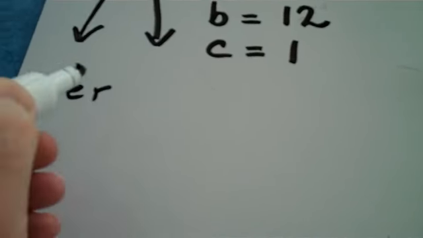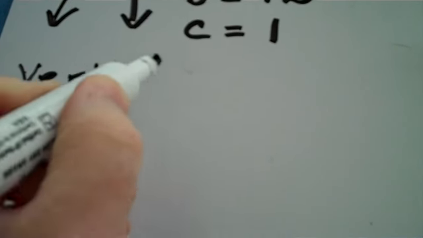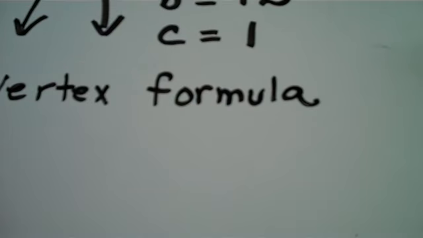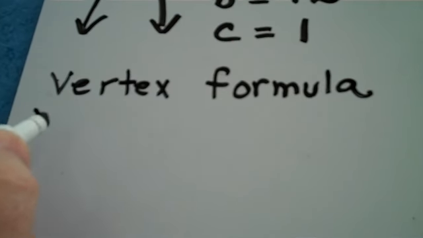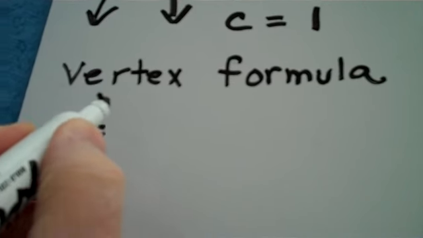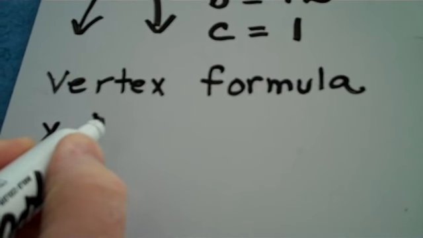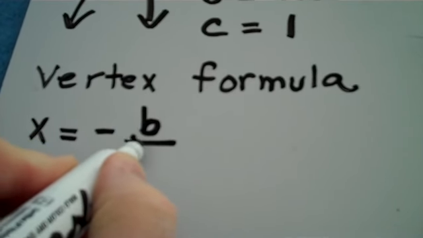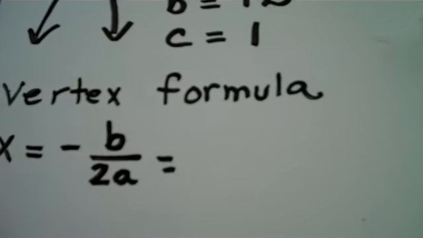So what we need to recall is the vertex formula. The first part of the vertex formula tells me that the x-coordinate of the vertex is found by filling in the form -b/(2a).